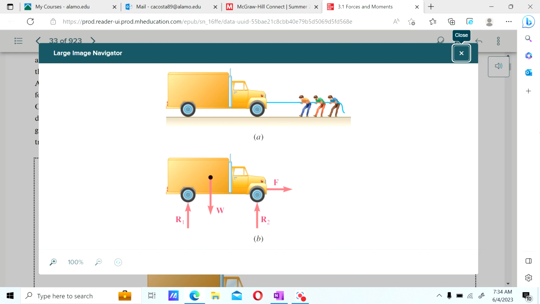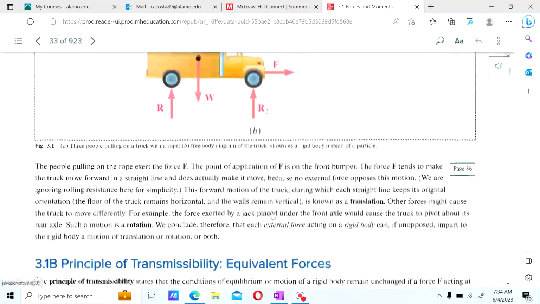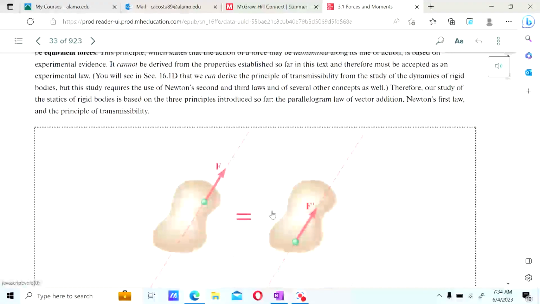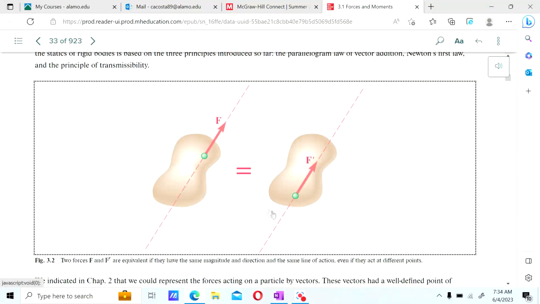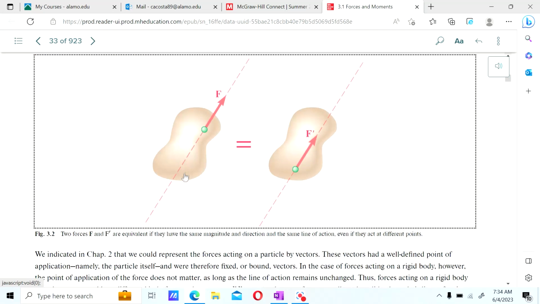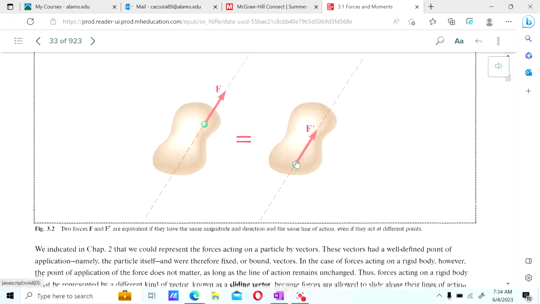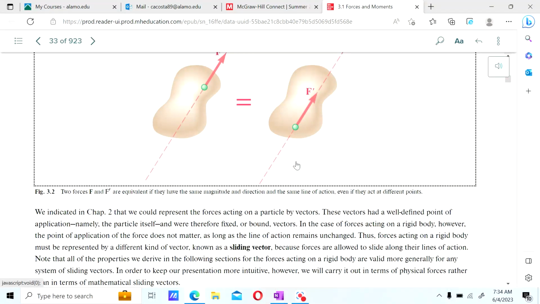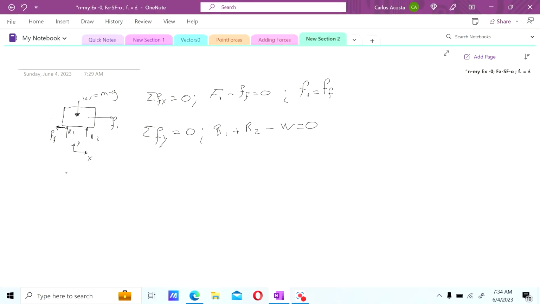Okay, so after saying that, we already know that we can move forces around as long as they're in the same plane. If we move forces in different planes, we can have something called moment. So, this is a very key concept.